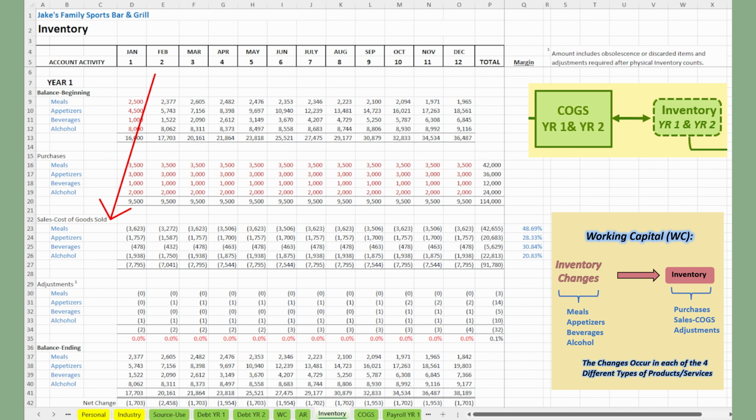Cost of goods sold comes out of inventory based on margin information that you calculated on the COGS, or cost of goods sold tab. And finally, adjustments required in inventory are made every time a physical inventory account is done.